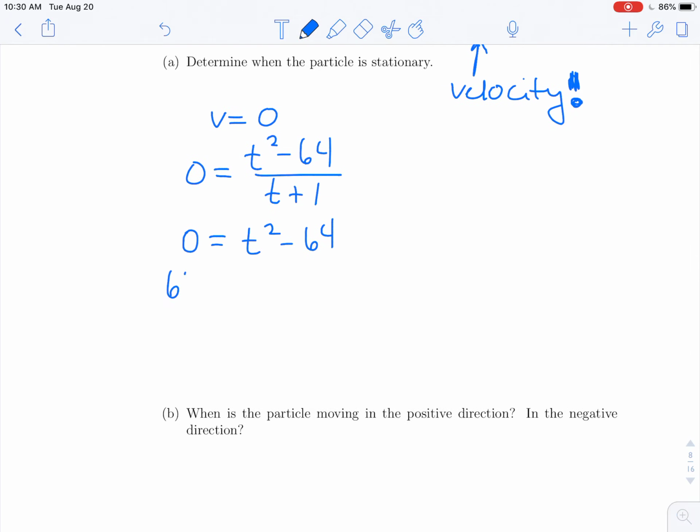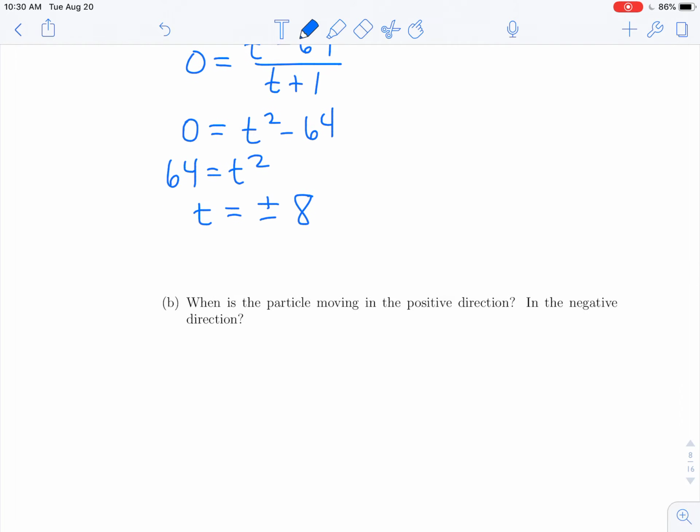So 64 has to equal t squared, so t has to equal plus or minus 8. Now, in this situation, negative times don't count, so t has to be positive 8. And we don't have any units on this one, so t equals 8 is our best final answer.